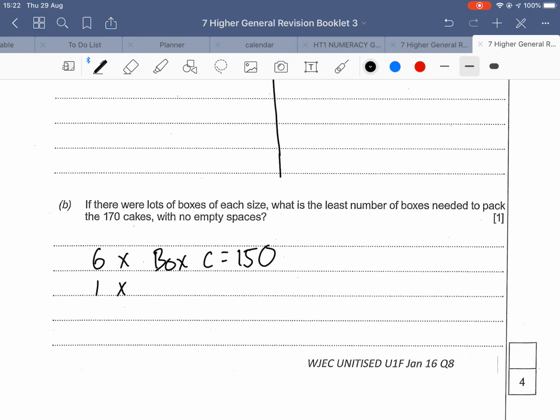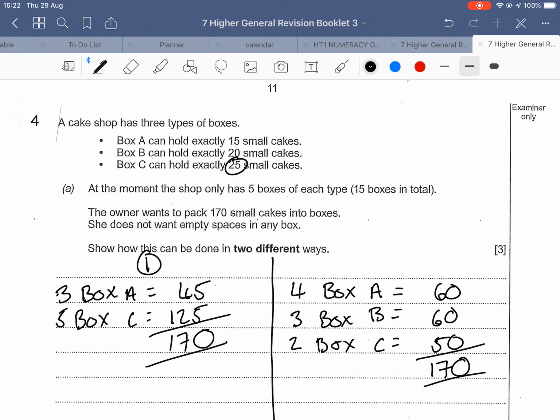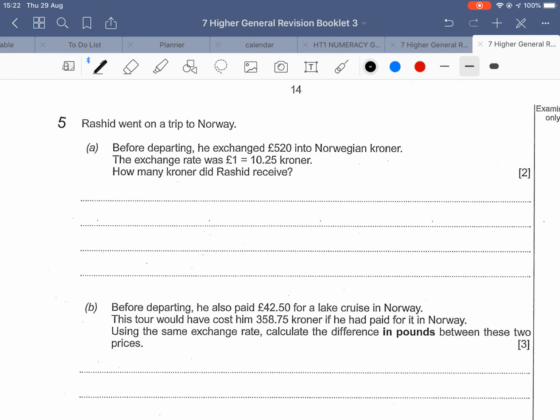And then I just need 1 box B, which is 20, so that's 170. That's 7 boxes. So obviously you pick the biggest one. See how many 25s go into 170? It'd be 6 point something. Take that away now. Okay.